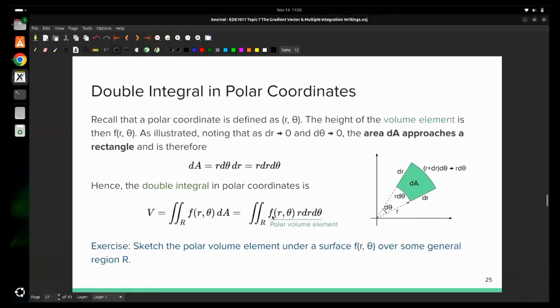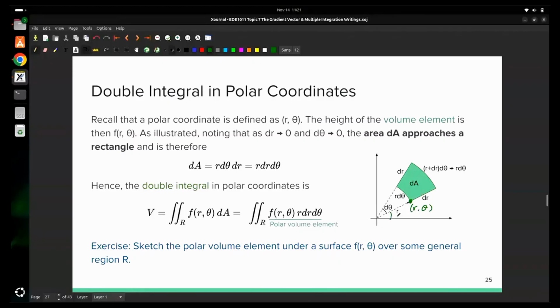So now let's look at the area element in the polar coordinate system, because we know that polar coordinates are r and theta. Let's say this point: the coordinate is x, y in Cartesian, but the same point I can give you by defining r and theta.